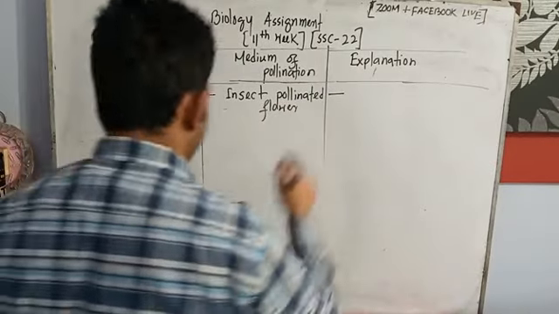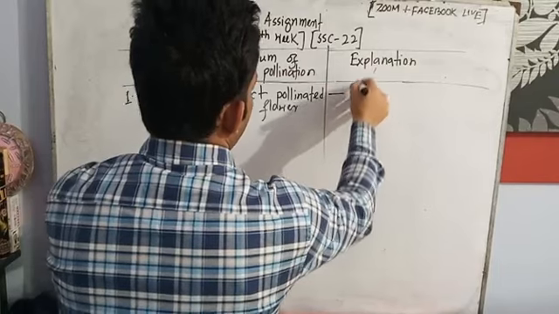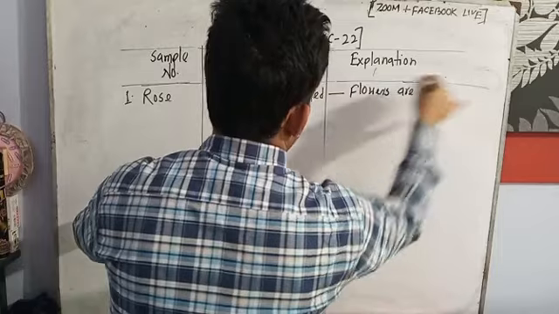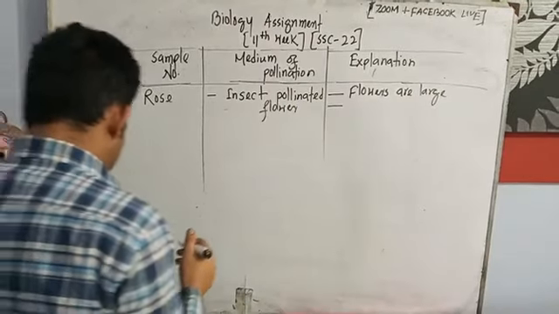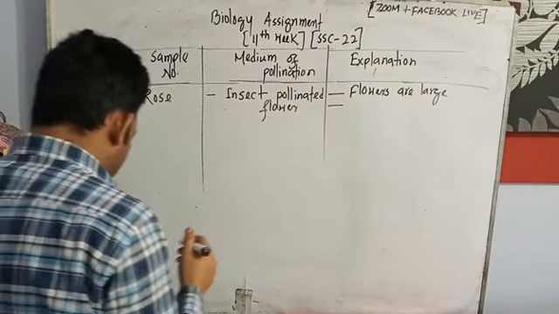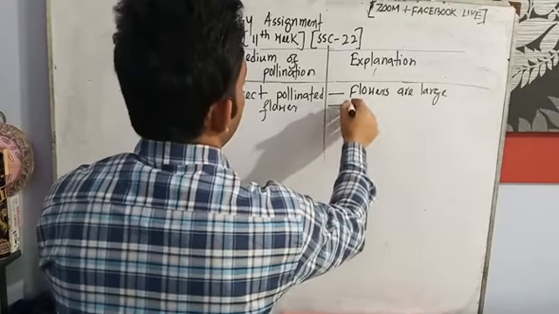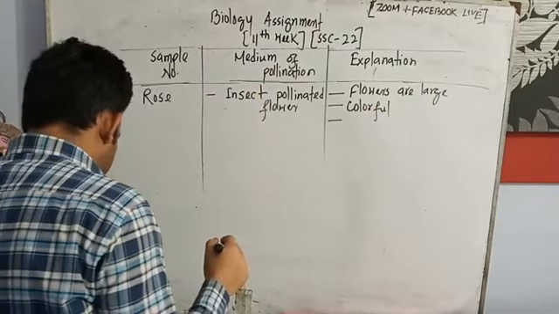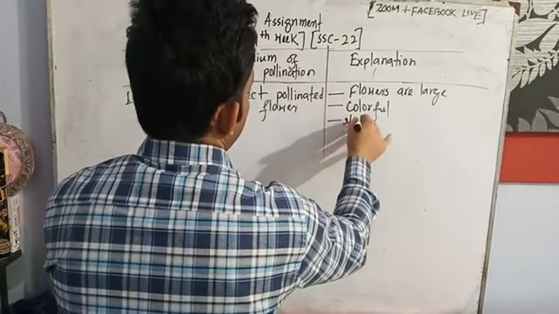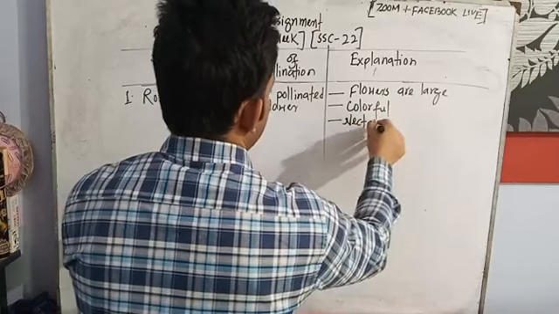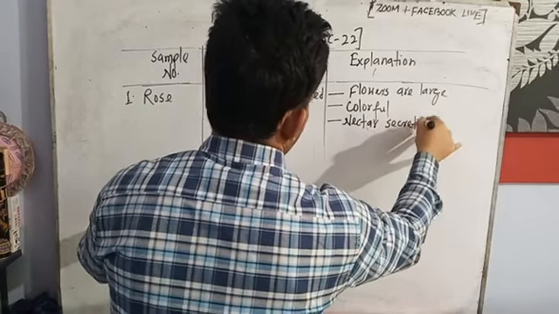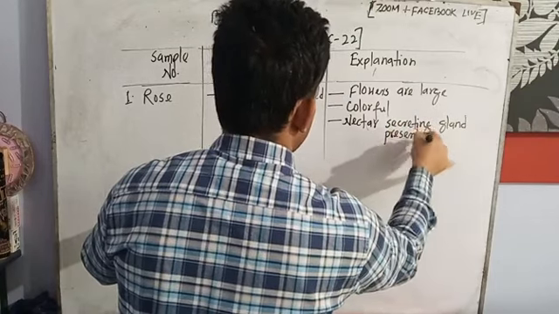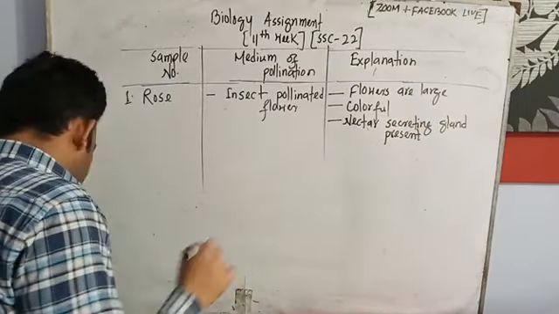The flowers are big, flowers are large. You will write that, and you can get help from the book also. Then colorful, and then we can write nectar secreting gland present, then we can write something more.